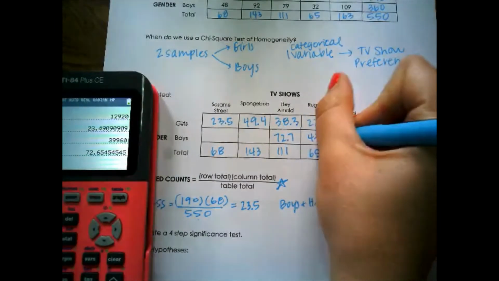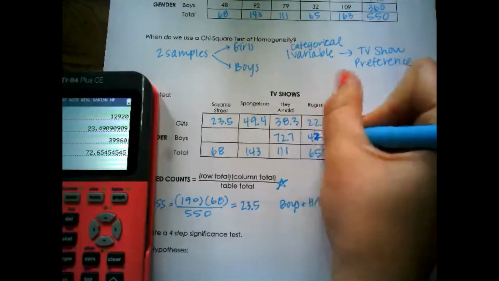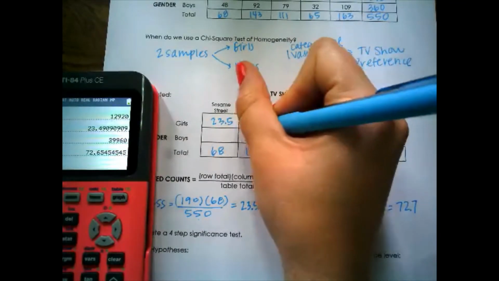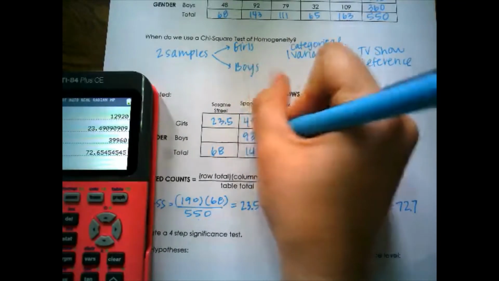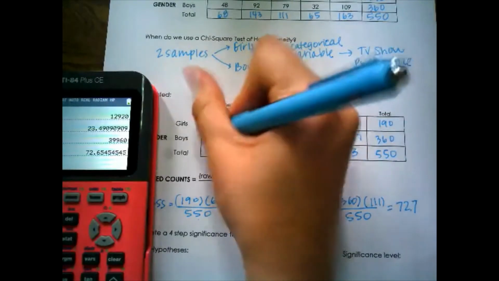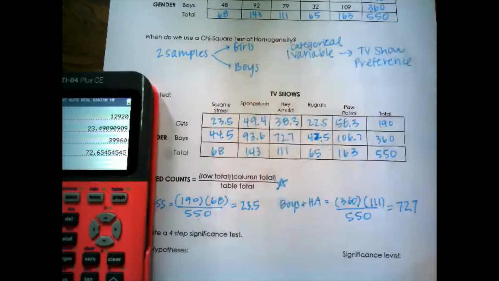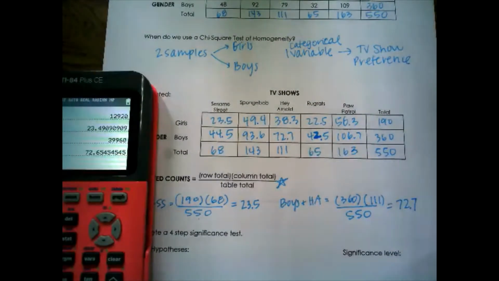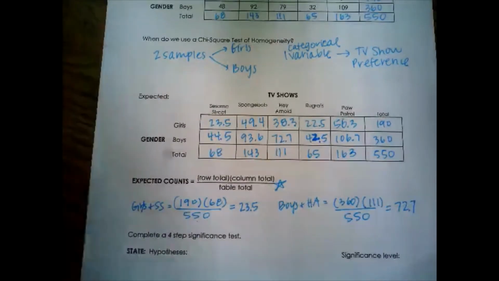These are all the expected values we would expect to get. So there's our table. And that's how we got our expected values: row total times column total divided by table total.